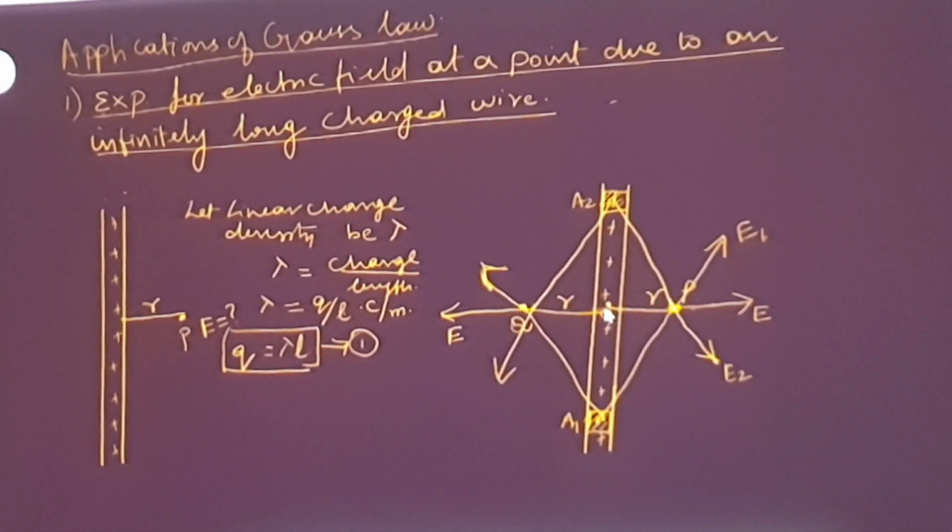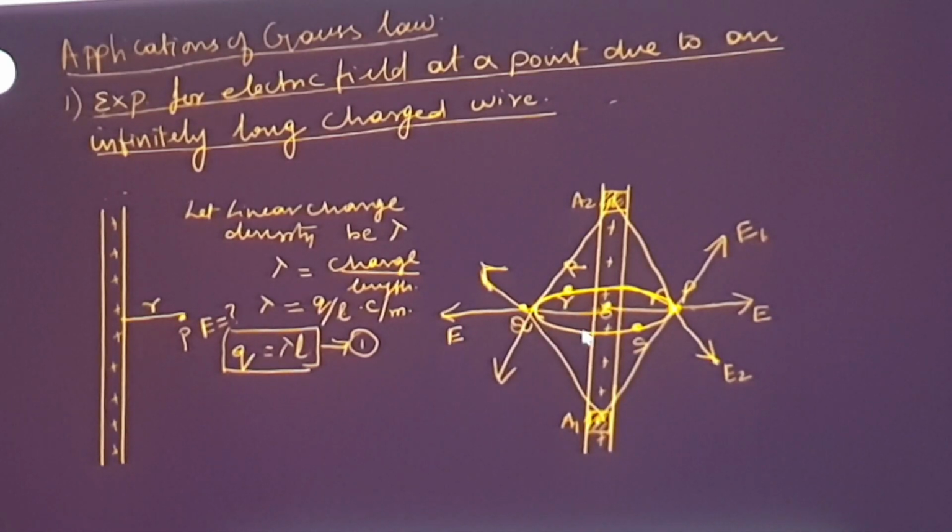Keep O as the center and R as the radius, then draw a circle. Consider any point on the circle, let us consider this point as R, and let us take this point as S.